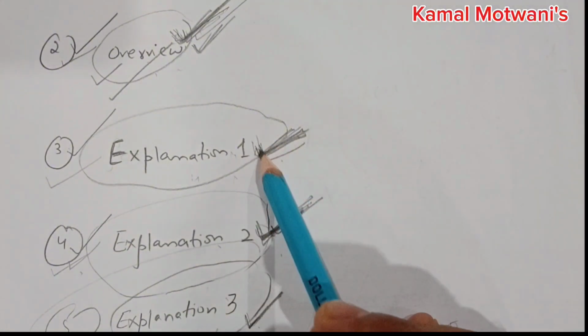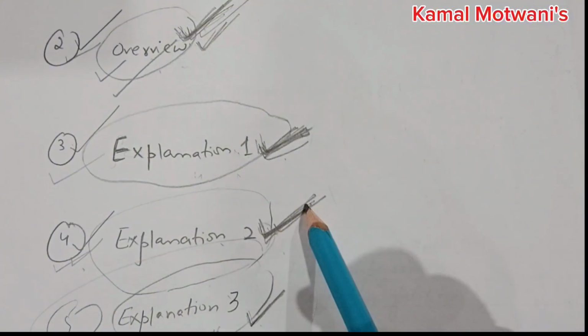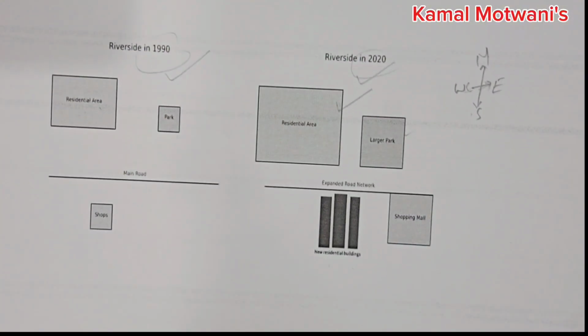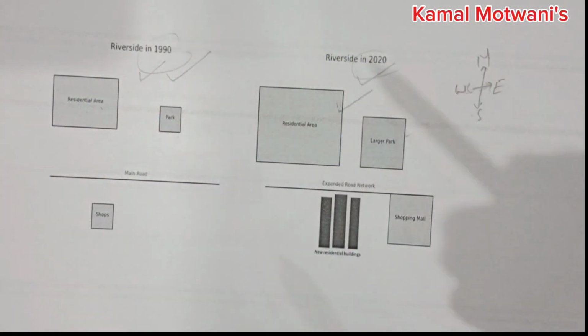So explanation 1 is regarding Riverside in 1990 and explanation 2 is regarding Riverside in 2020. We will also apply the comparisons wherever they are applicable and wherever we can compare. So let's see how I have written the third paragraph pertaining to Riverside in 1990, that is explanation 1.